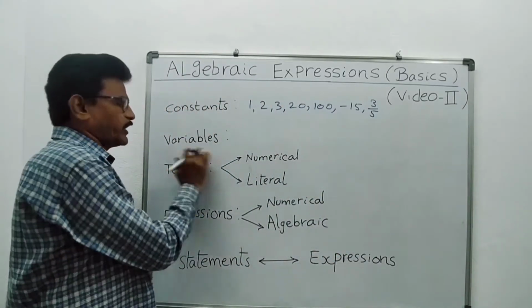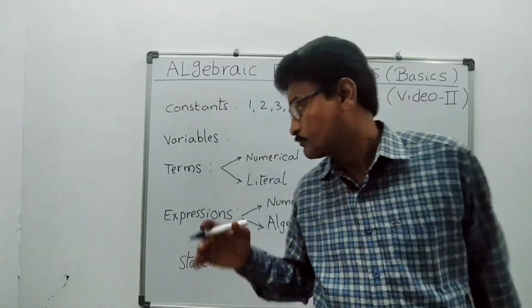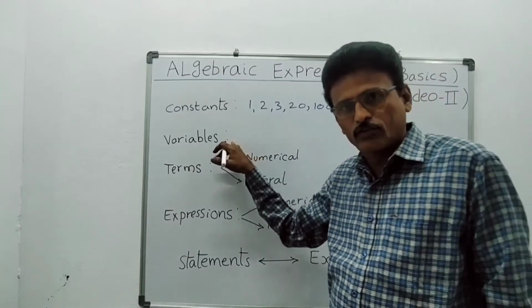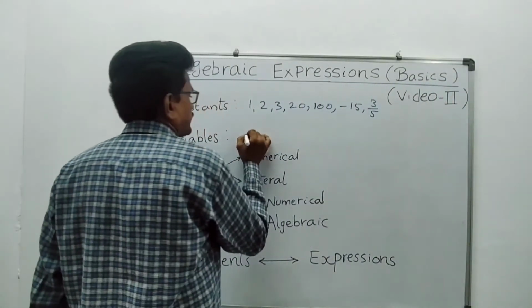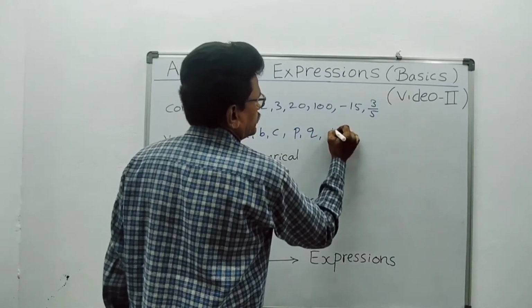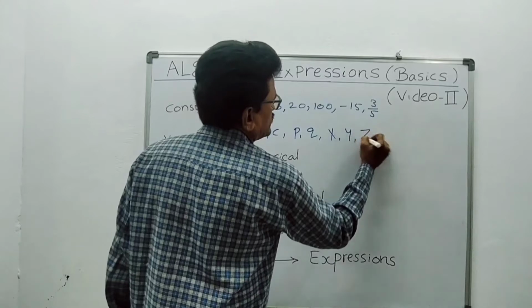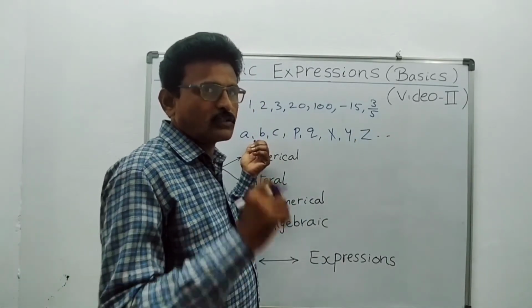Okay. Next, variables. What are variables? Variable means unknown values. See, these are not fixed values. Generally, we are taking from English alphabets. We can take A, B, C, P, Q, X, Y, Z, something like that. See, what is A? We don't know that value.